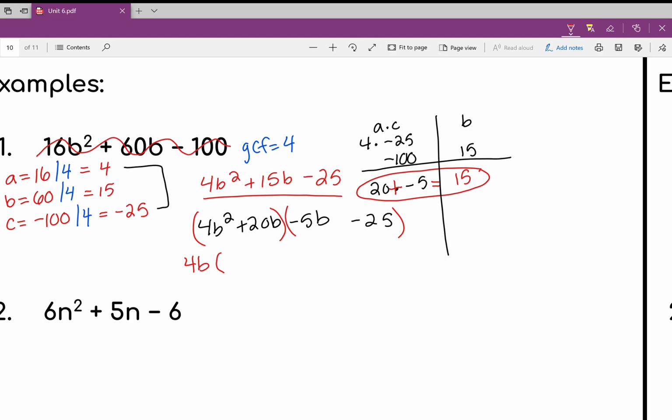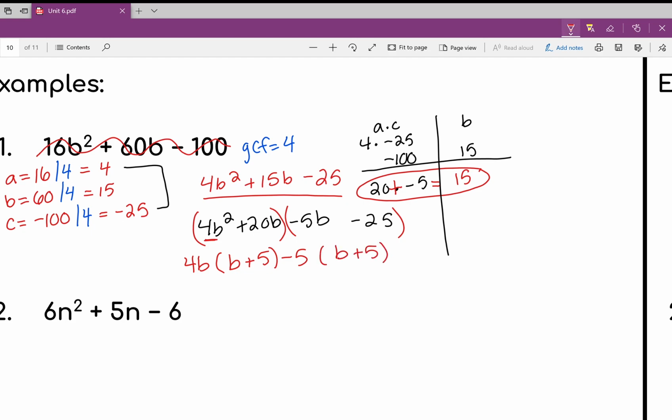B squared divided by b is b. 20 divided by 4 is 5. And b divided by b goes away, so I'm left with b plus 5. So what I took out of these two terms was this first one, 4b. And then what I can take out of the other two is negative 5, because negative 5 goes into both those numbers. So I'm left with b plus 5.